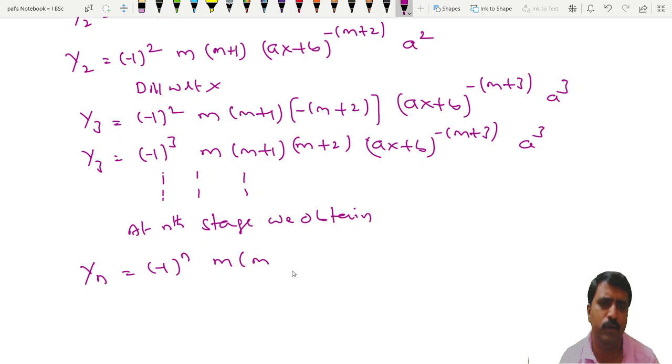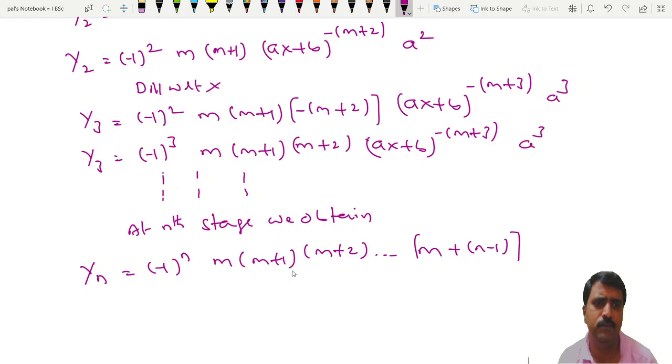So then which is the last factor? In the previous step, m plus 2 is the last factor. So 2 is 1 number less than this 3. So similarly that last factor should be m plus n minus 1.